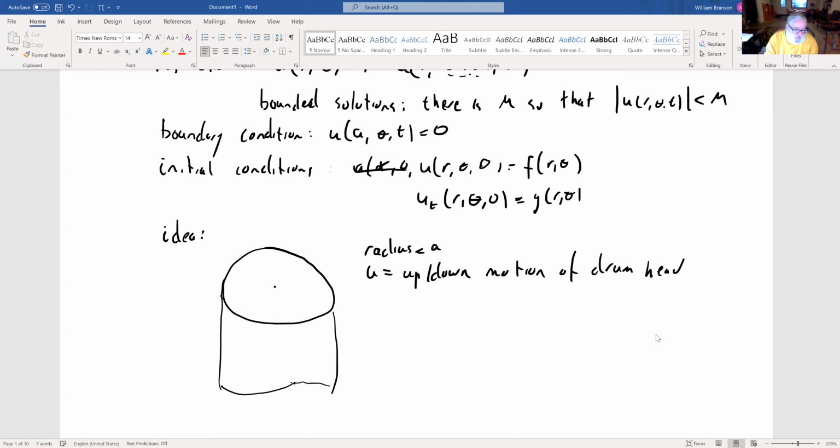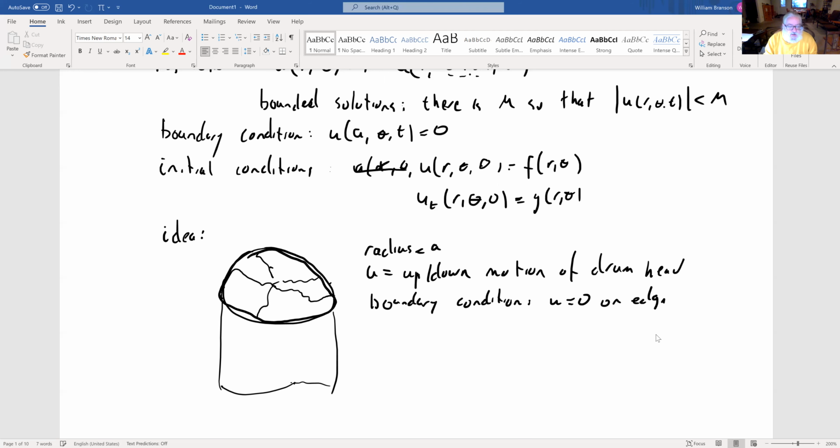And this is the top of the drum, and it's been nailed down at the sides. So the boundary condition is all the way around the edge here, whatever the drum is, it's been nailed down.